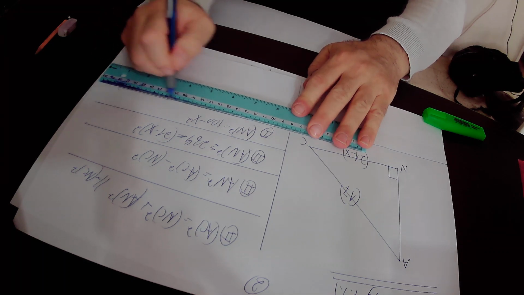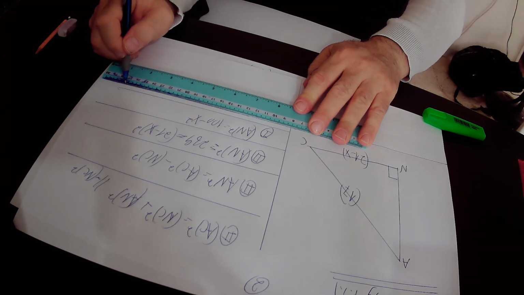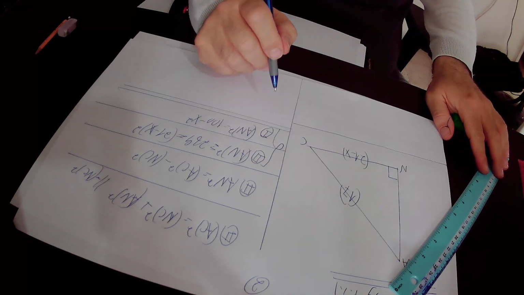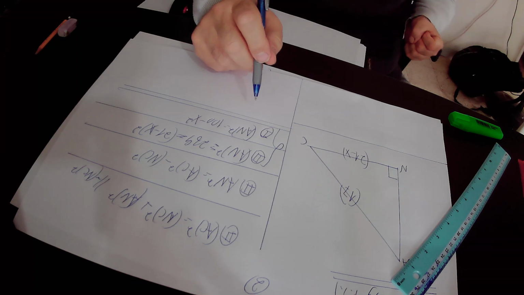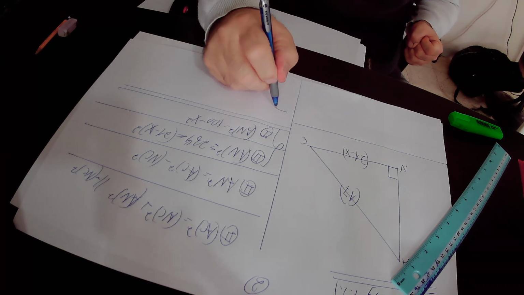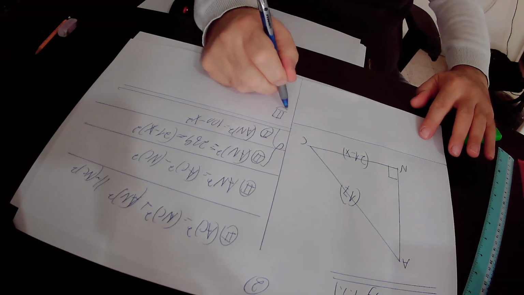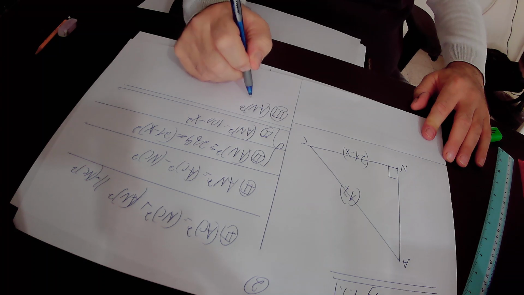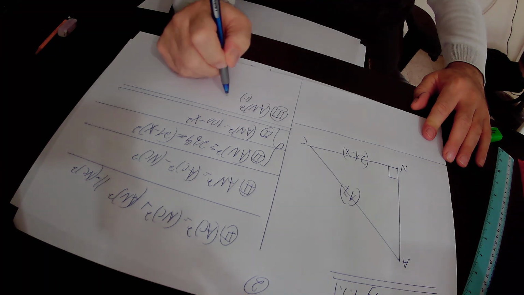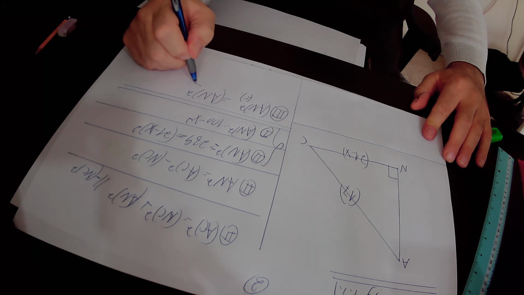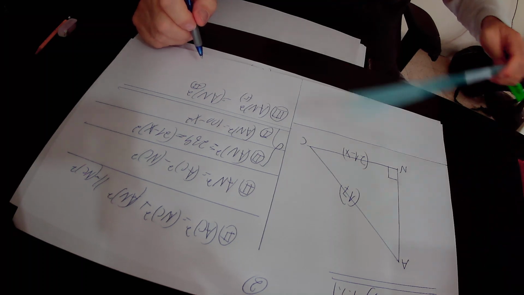So here we have two different equations for AN squared. Therefore, we create equation 3, which states that AN squared according to equation 1 must be equal to AN squared according to equation 2. Okay?